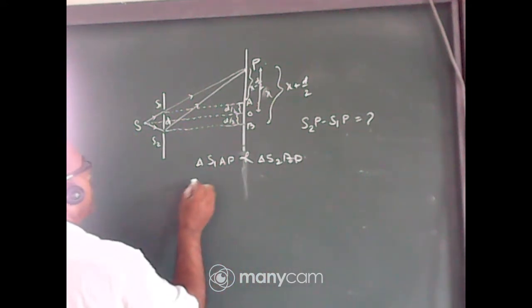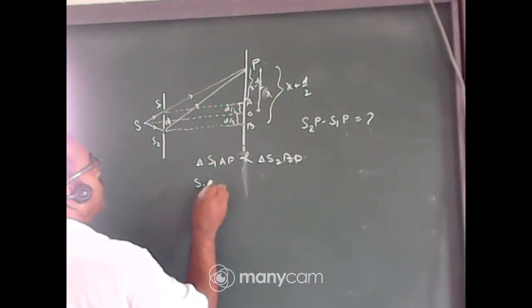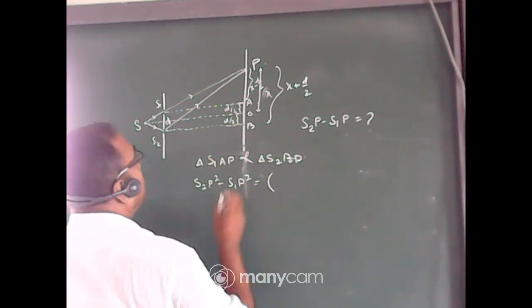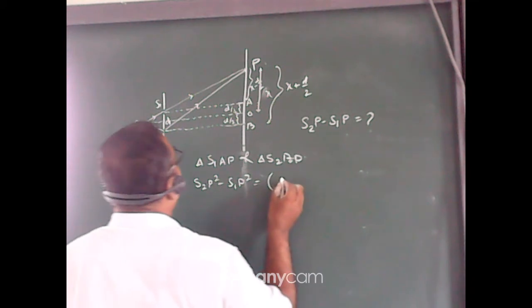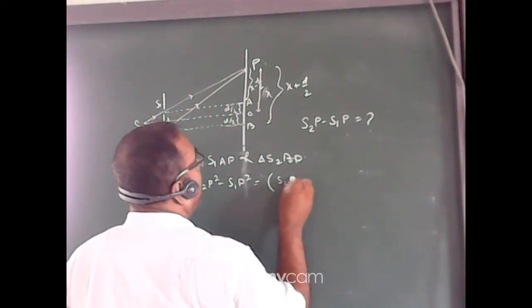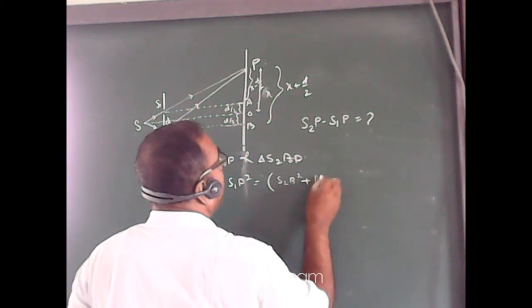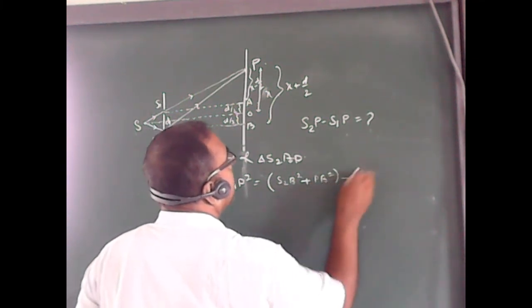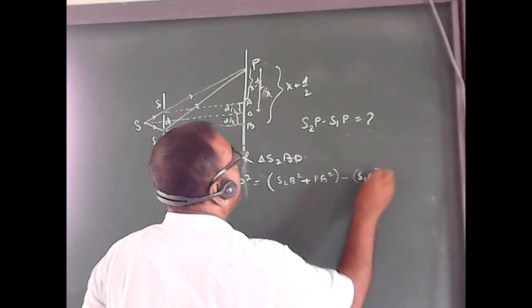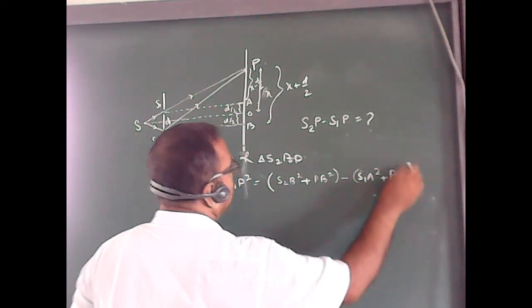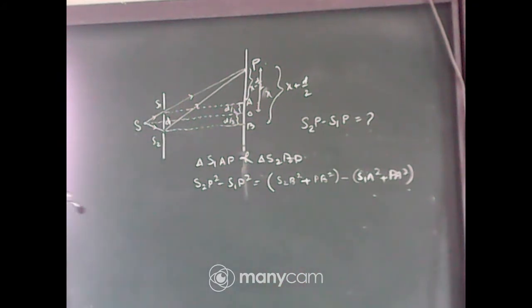So my dear student, S2P square minus S1P square is equal to S2B square plus PB square minus S1A square minus PA square. Okay, you check it.